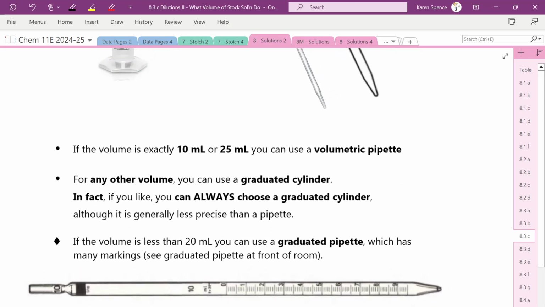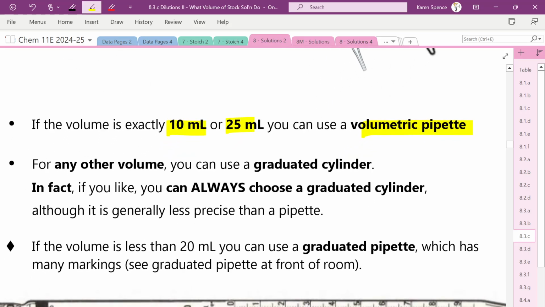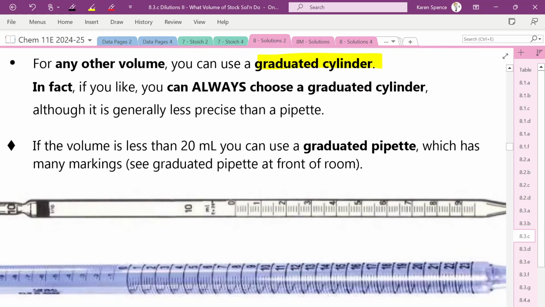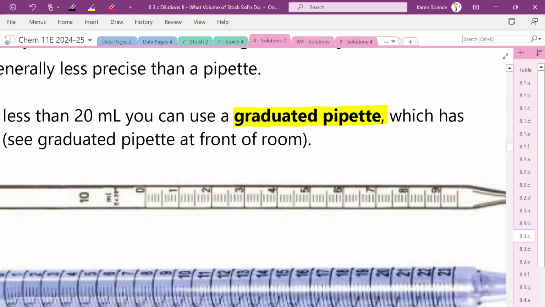Also, just while we're at it, if you had 10 or 25 milliliters, you can use a volumetric pipette. Otherwise, you can always use a graduated cylinder. There's also a thing called a graduated pipette. How is this pipette different from the ones that you used?